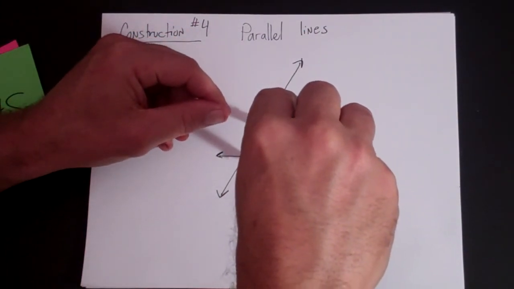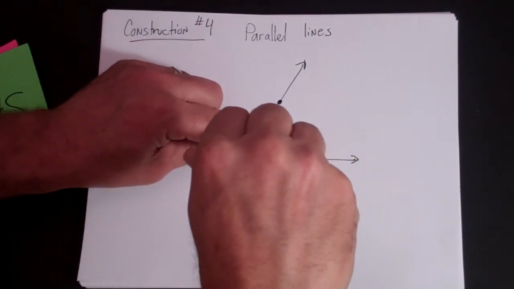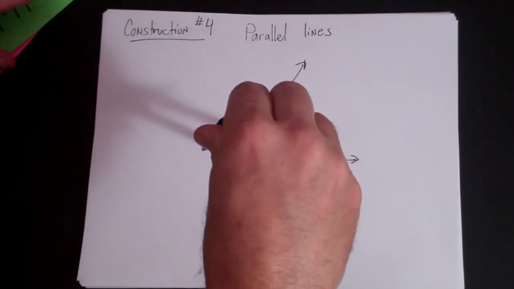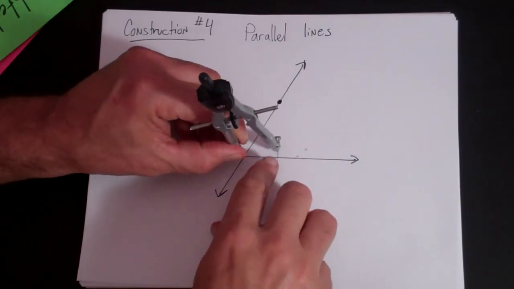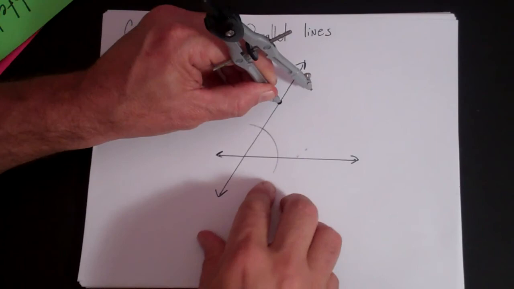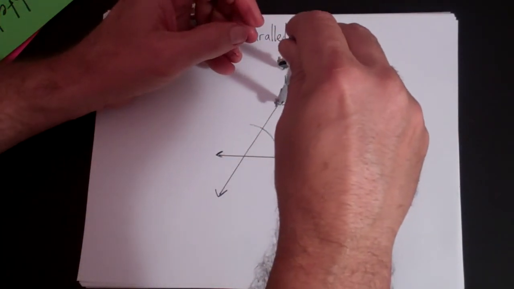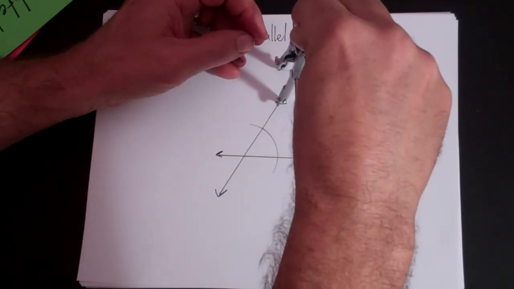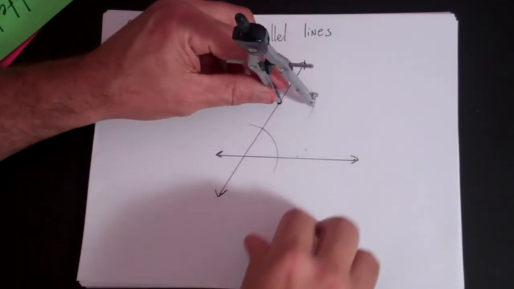You're going to draw an arc so that it crosses both your transversal and your original line. Then, keeping it the same distance, and that's the key, keeping it exactly the same distance, you're going to draw another one here at the top. Same kind of arc, right? Does that make sense?